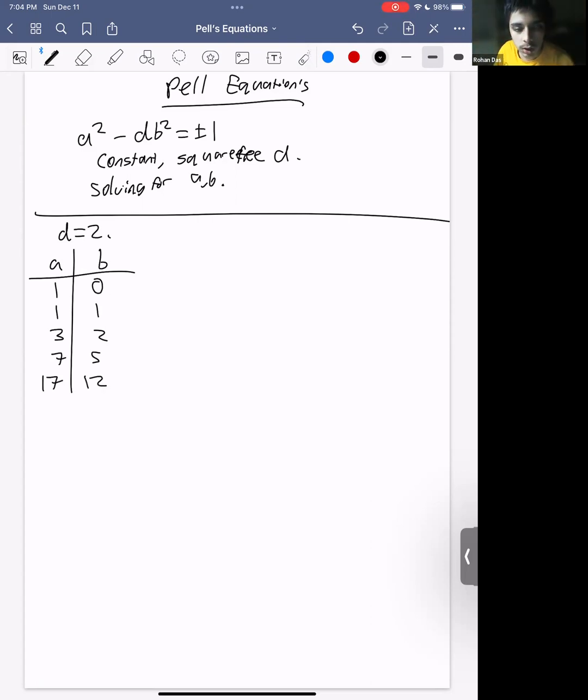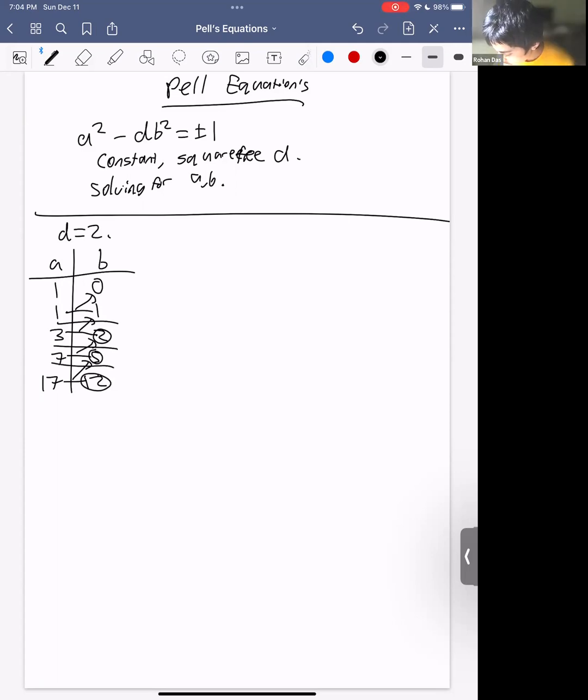And we can try to look for some pattern between these solutions. First, we can notice that if you look at these two numbers, their difference is 0. The difference between 3 and 2 is 1. The difference between 7 and 5 is 2. And the difference between 17 and 12 is 5. Also, 5 is equal to 3 plus 2, and 2 is equal to 1 plus 1, and 12 is equal to 7 plus 5.